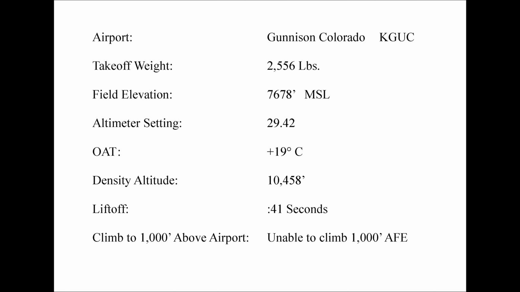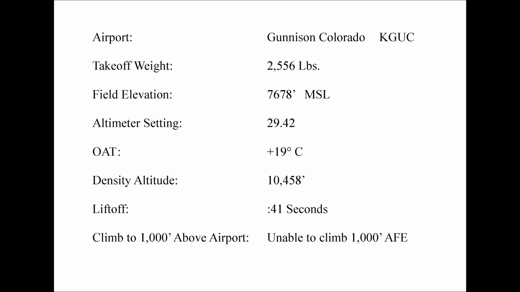In the third flight, the outside air temperature increased from negative 0.9 degrees Celsius to 19 degrees Celsius. Although pressure remained unchanged, the higher temperature significantly reduced air density. As a result, density altitude increased to 10,458 feet. The airplane was now operating in air that behaved as though it were above 10,000 feet.